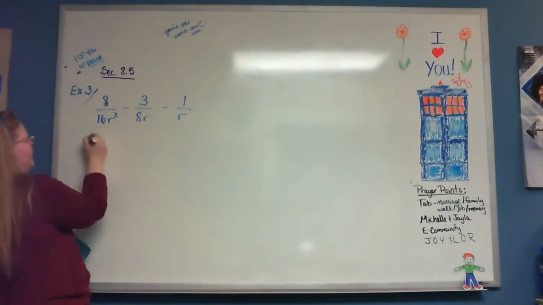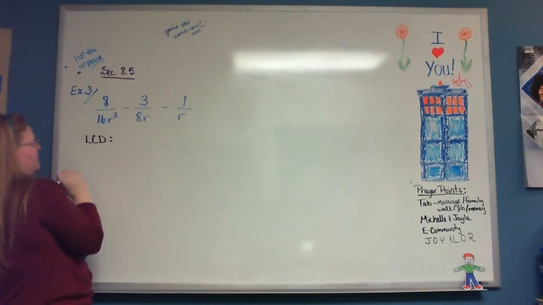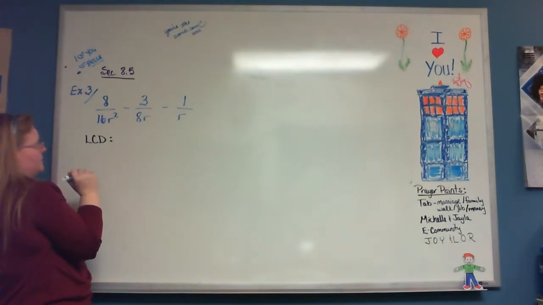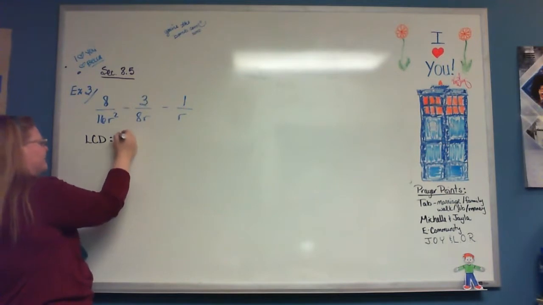So first we need to find our LCD. This is when you're supposed to shout out what it is. I mean, we worked the entire last section on it. Okay.